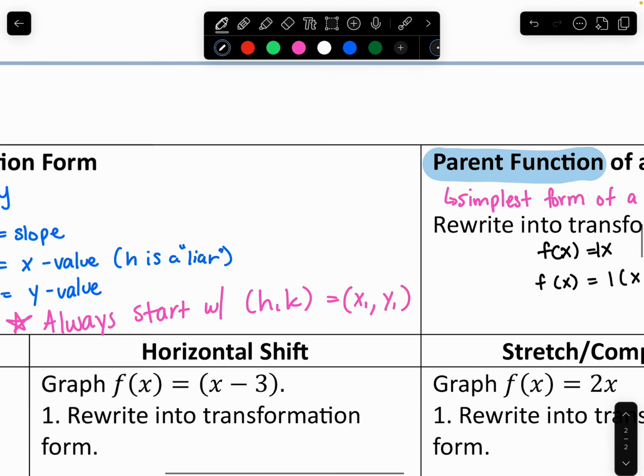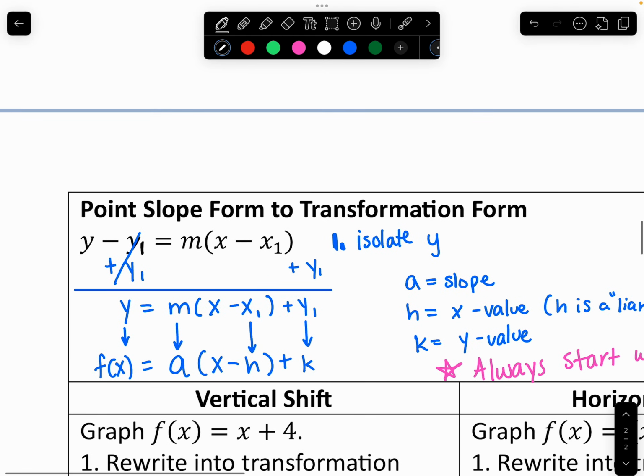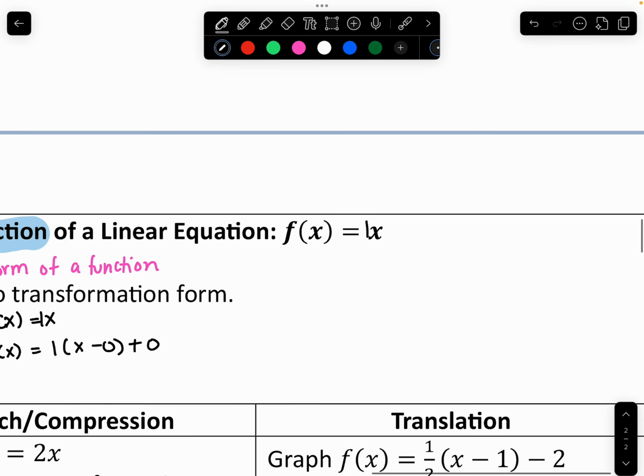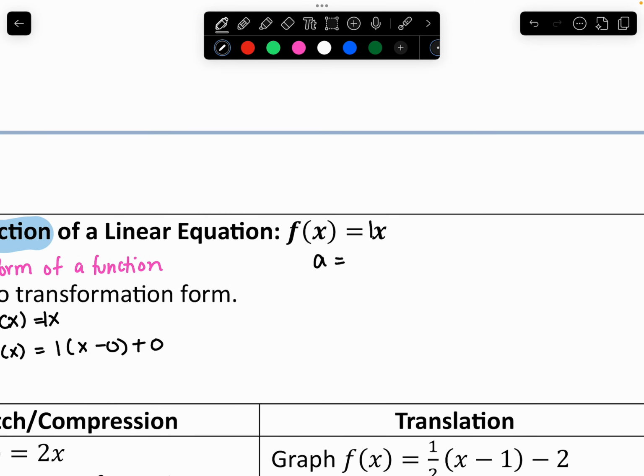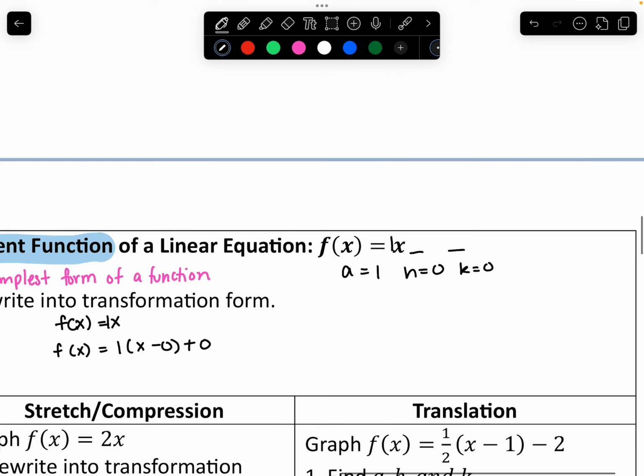Is because we know that a value is always in front, or the slope is always in front of the x. So then a equals 1. We don't have an h or a k, so h would be 0, k would be 0. Therefore, my new transformation form will be like this.